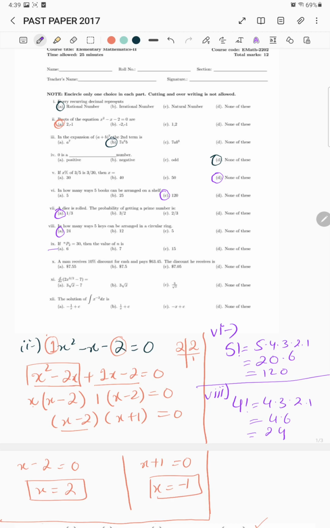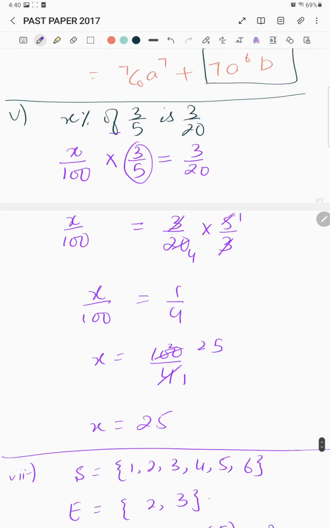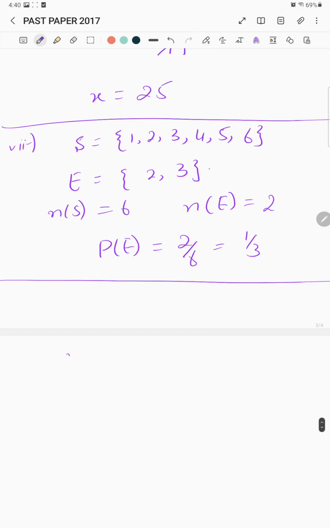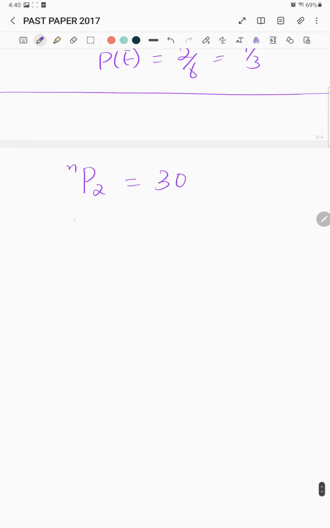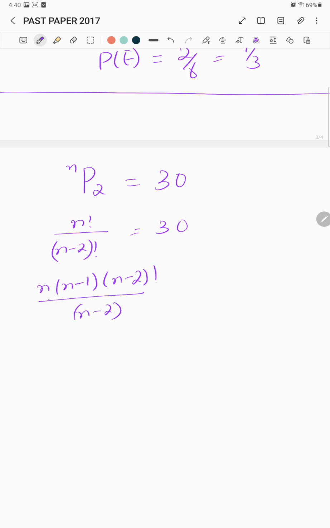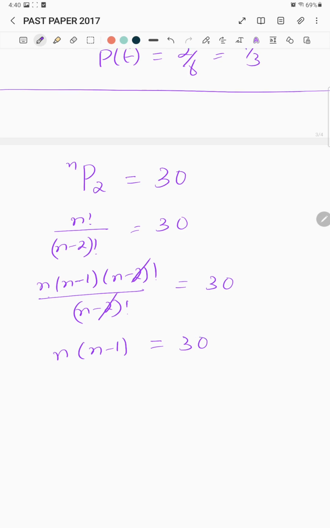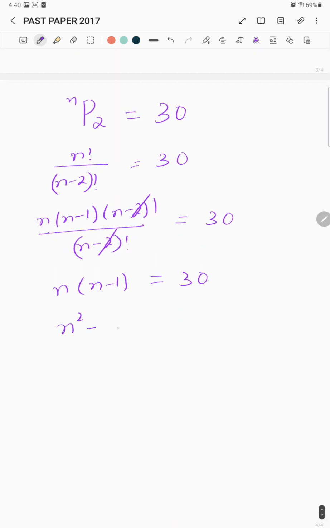Now question number 9 is, if np2 is equal to 30, find n. np2 which is equal to 30. So using the formula for permutation, n factorial over n minus 2 factorial, which is equal to 30. n minus 1 n minus 2 factorial over n minus 2 factorial, which is equal to 30. n into n minus 1, which is equal to 30. n square minus n minus 30, which is equal to 0.